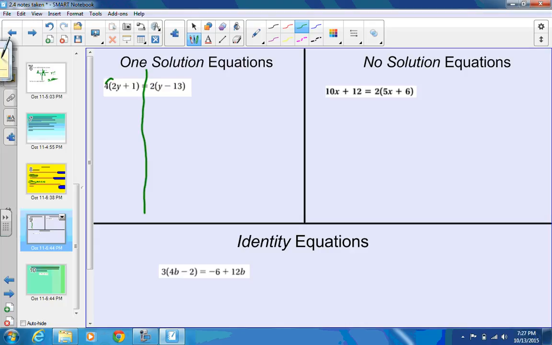So when you distribute, you do 4 times 2y, and then you keep your addition, and then you do 4 times the 1. And you end up getting 8y plus 4. And we're going to carry that equal sign on down.